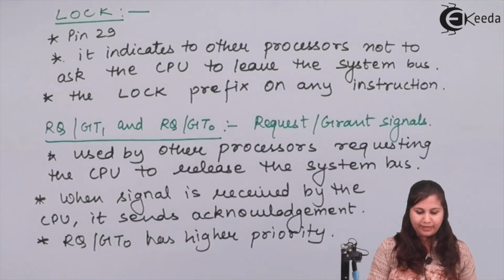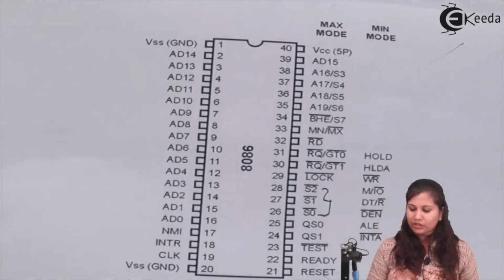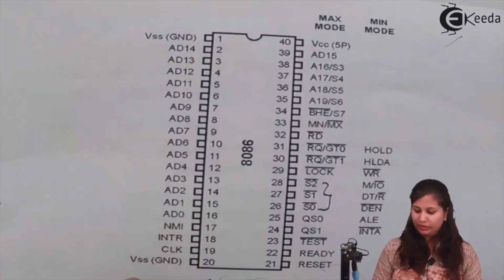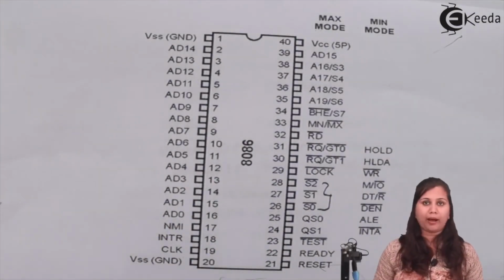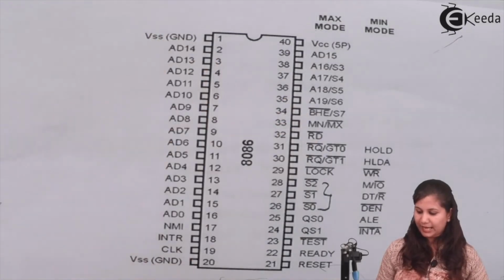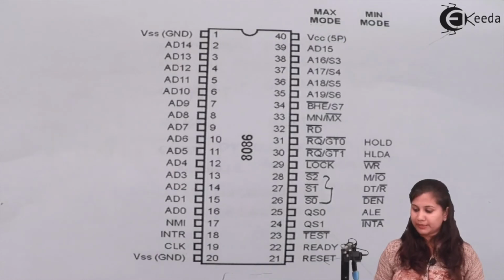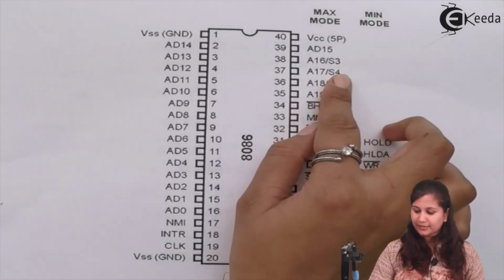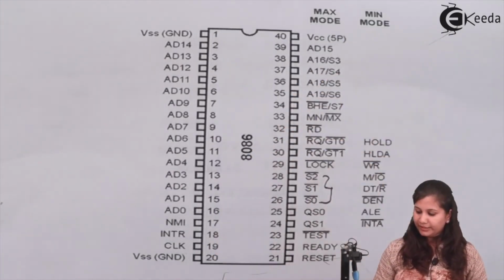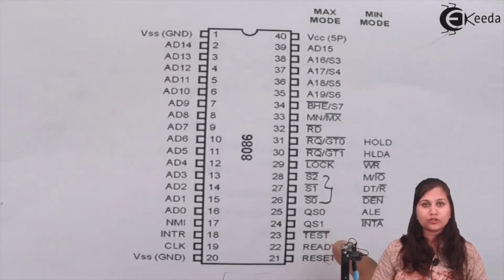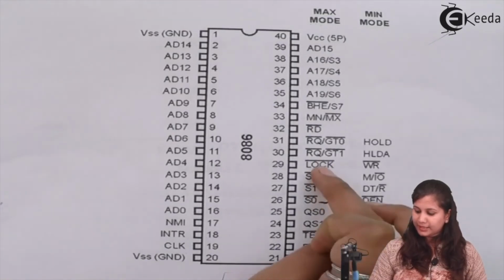So in the pin diagram, we have studied all the pins. First we studied the power signals like VSS and VCC. Then we studied the address and data bus, then the address and status signals. Then we studied READY, RESET, TEST, QS0, QS1, and the status signals.